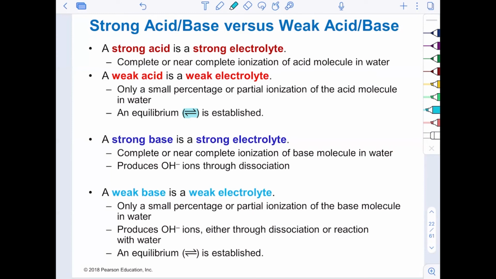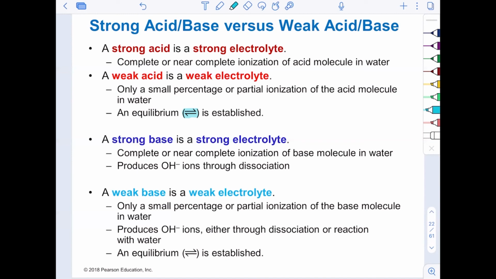Same idea, strong bases are strong electrolytes. They completely or near completely ionize in water, and they produce hydroxide through dissociation. All right, so we will see that Arrhenius definition still holding through. We'll talk a little bit about other bases, but they will not be strong bases if they don't produce hydroxide.